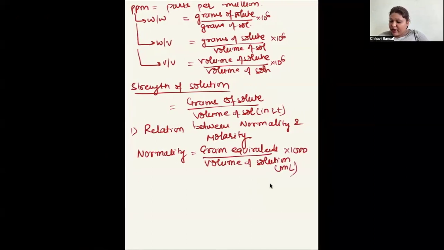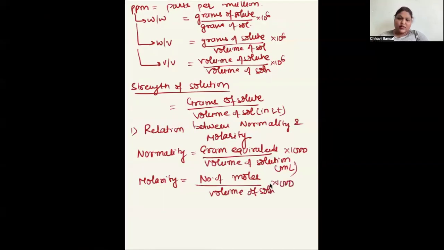And what is the formula of molarity? Molarity is equal to number of moles divided by volume of solution into 1000, right? So it is almost similar.